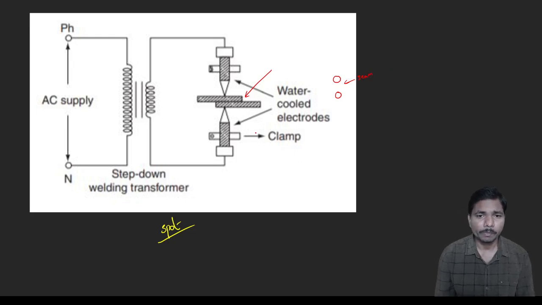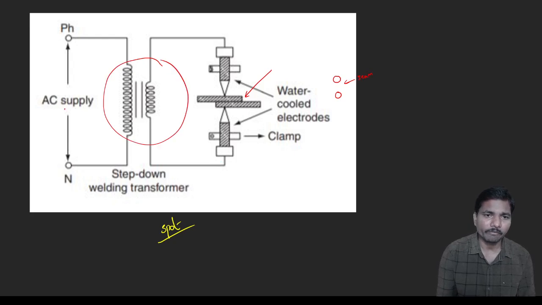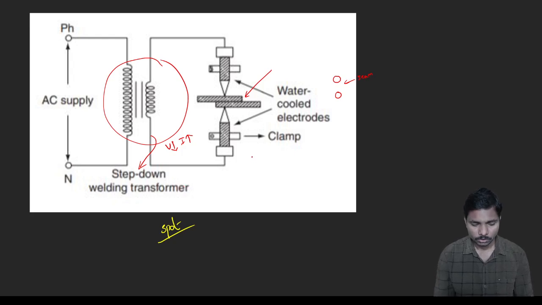One more important point in welding: which type of transformer are we using? A step down transformer. That is very important. In a step down transformer, voltage is reduced and current is increased. So the tips of these electrodes are generally made of copper.